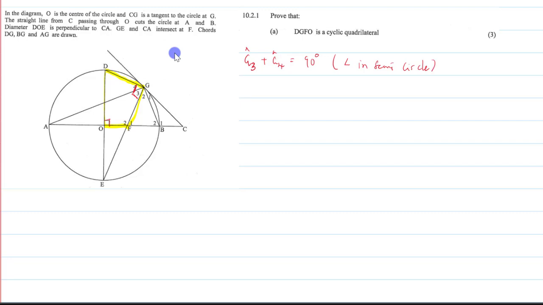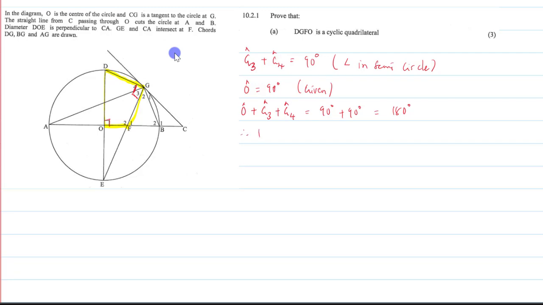That's a given theorem. And then I'm going to go ahead and say that the angle O is equal to 90 degrees. And the reason for this is that it's given. So if I go ahead and say that O plus G3 plus G4 is going to be equal to 90 plus 90, that's going to give me 180 degrees.